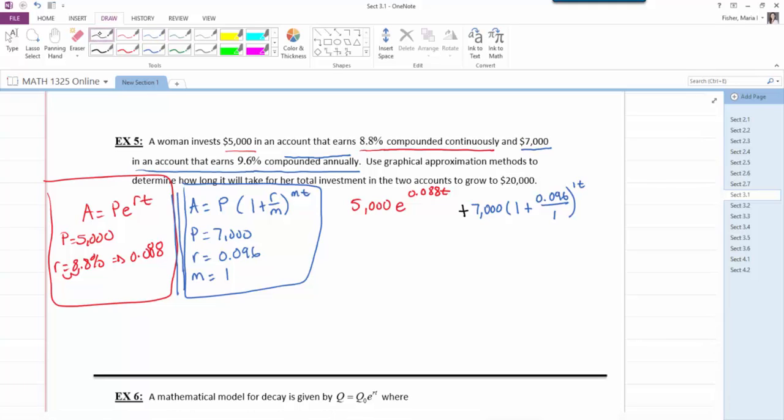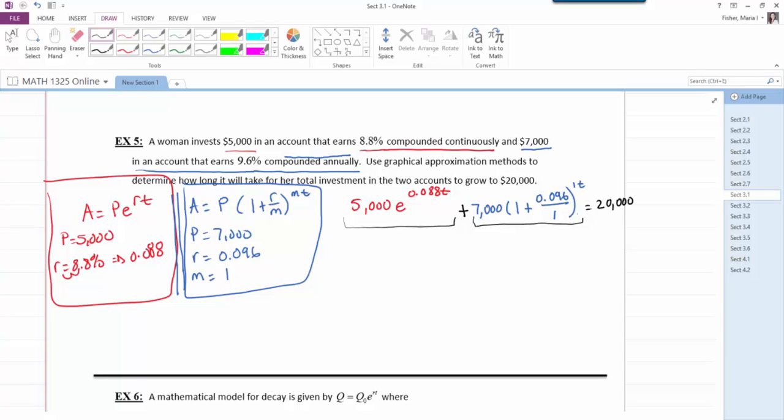When is that going to equal $20,000? So if we take the investment from the one that's compounded continuously and the investment from the one that's just using compound interest, when is the sum of those two going to equal $20,000? How long do we need to wait? So we need to solve for t.